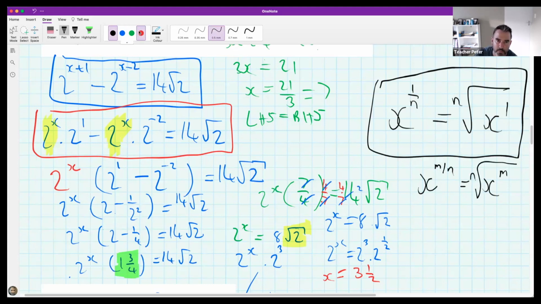So I'll give you an example. If we have the cube root of x, that is the same as x to the power of 1/3. Do you remember that? Yes, sir.